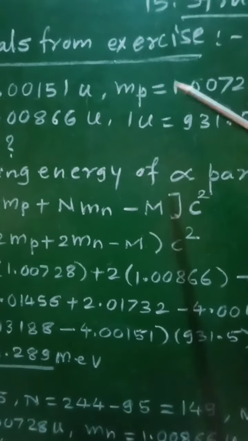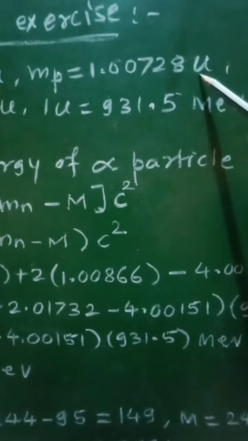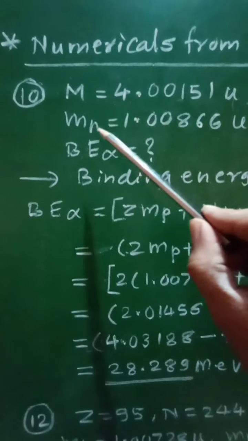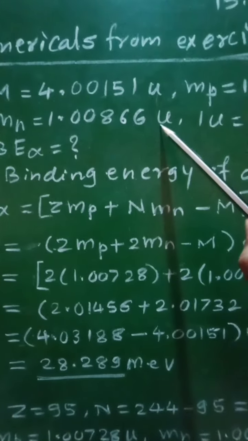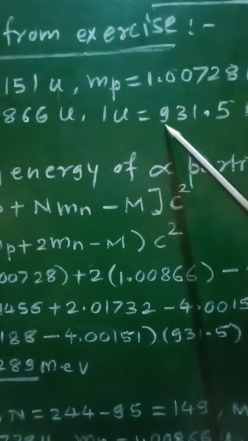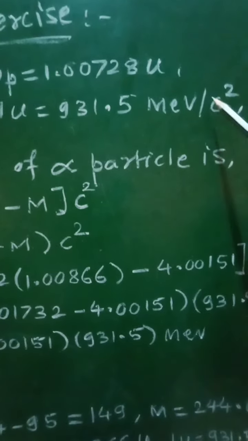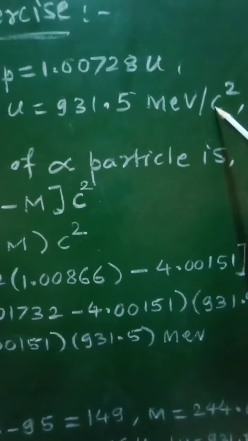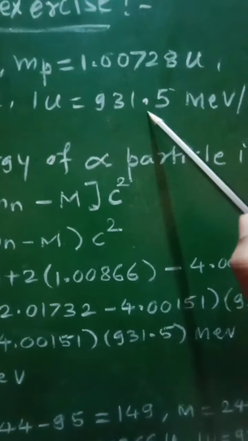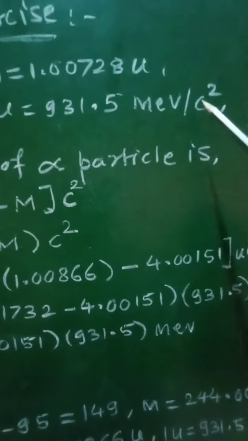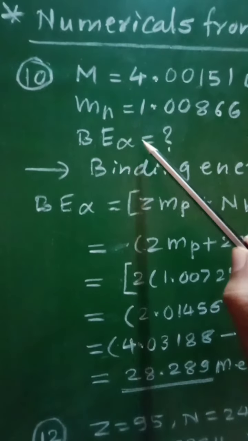Then mass of proton mp is equal to 1.00728 u. Mass of neutron mn is equal to 1.00866 u, where 1 u is equal to 931.5 mega electron volt per c square, where c represents velocity of light. We have to find out the binding energy of alpha particle, that is Be alpha.